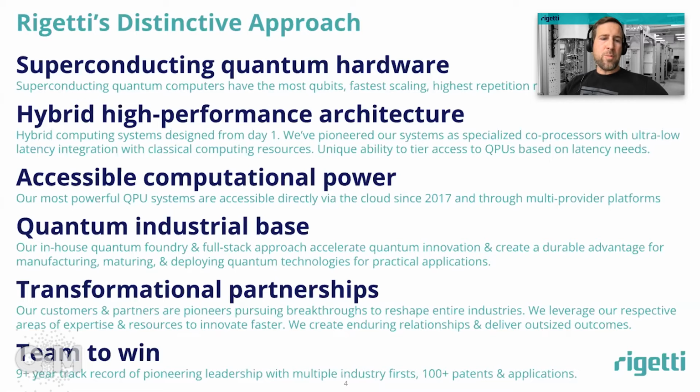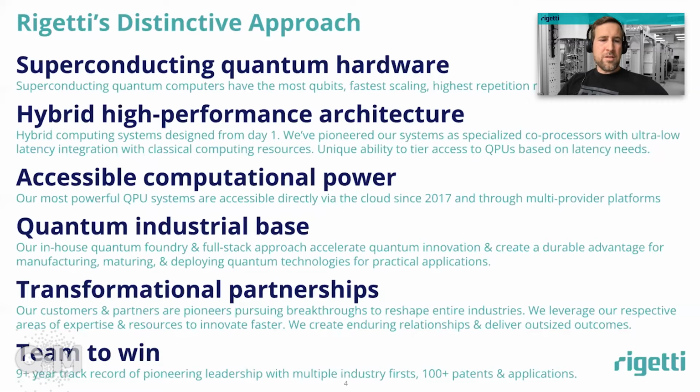A strong partner base, you'll see a little bit more about this later, but an in-house quantum foundry based on our captive fab that we have in Fremont is a strong capability for us and for our customers and partners, allowing us to have a really fast product and engineering flywheel to make better QPUs as well as software systems.